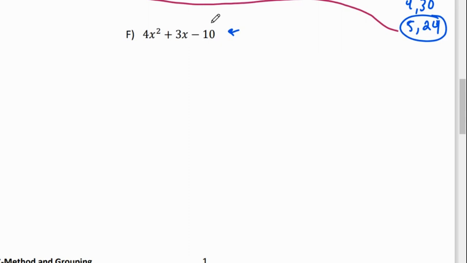Because everything has a factor of 1. But is there anything bigger than 1 that we can factor out from all three terms? No. Is there a variable that we could factor out from all three terms? No. Only 2 of them have an x. The third one does not. But you should always look for that first whenever you're given a factoring problem.